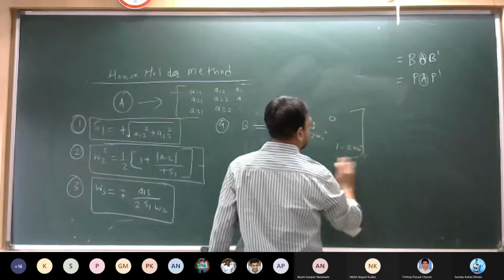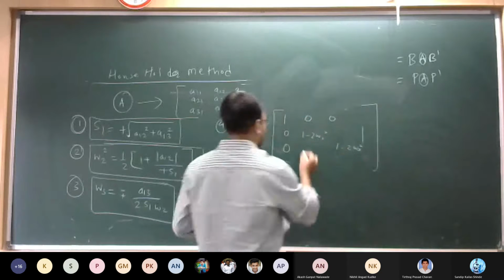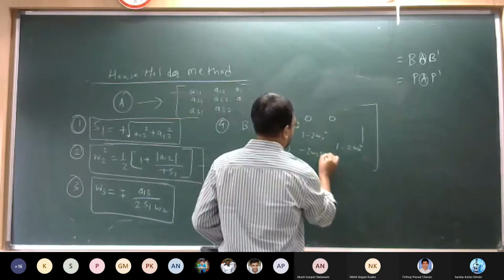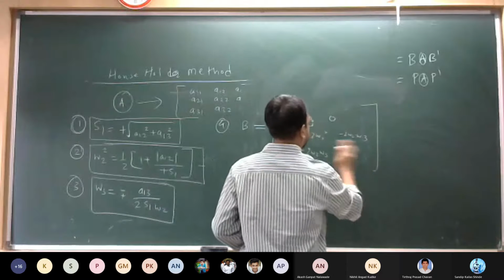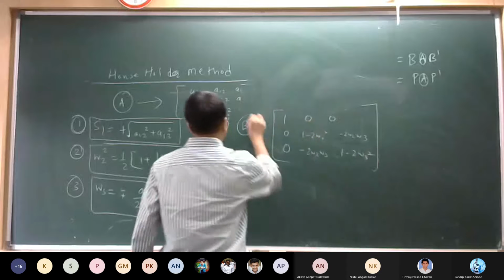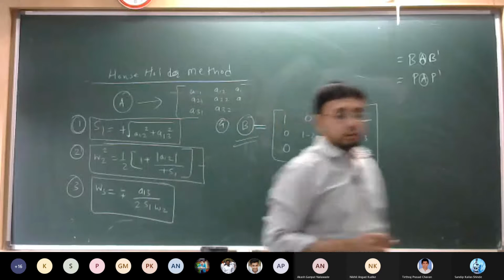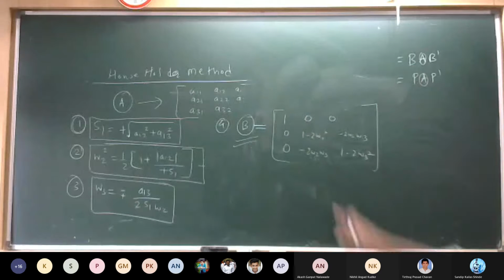These two positions are identical, and the off-diagonal positions are minus 2 W2 W3, minus 2 W2 W3. So P or B can be calculated very easily using the values of W2 and W3 in the Householder method.